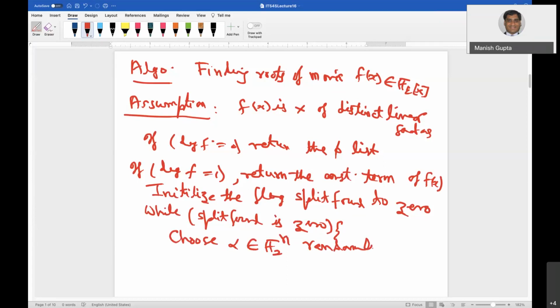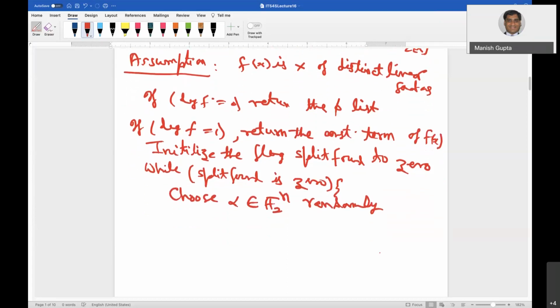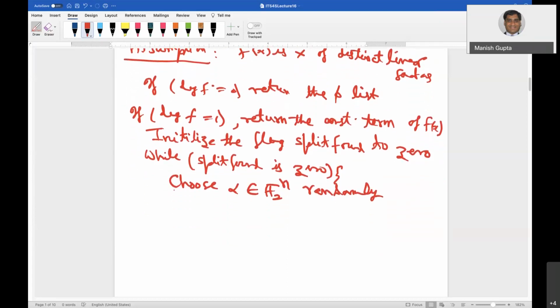Now set t(x) equal to x plus alpha and s(x) equal to t(x).